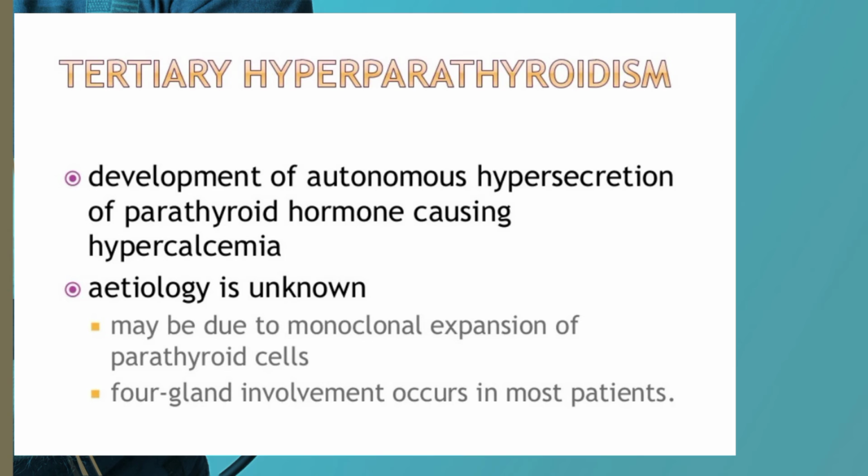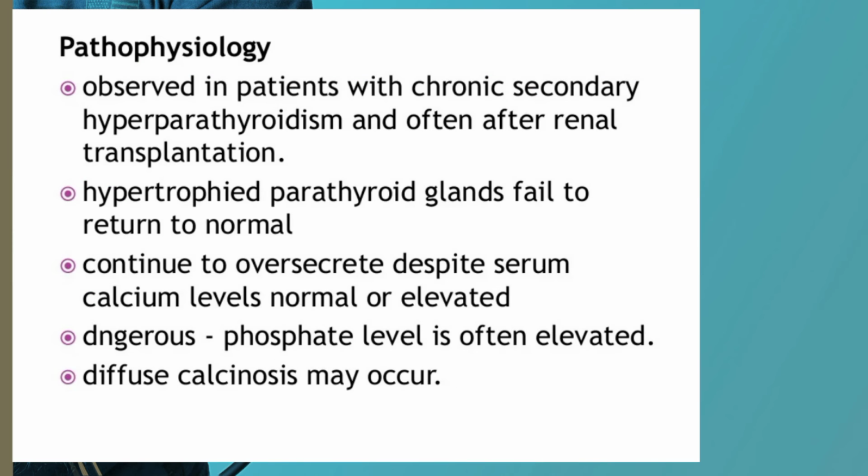Lastly, we have the tertiary hyperparathyroidism. This develops because of the continuous hypersecretion of the parathyroid hormone. The etiology is mainly unknown, but when the secondary or the primary is not treated, it always predisposes one to this kind of condition.